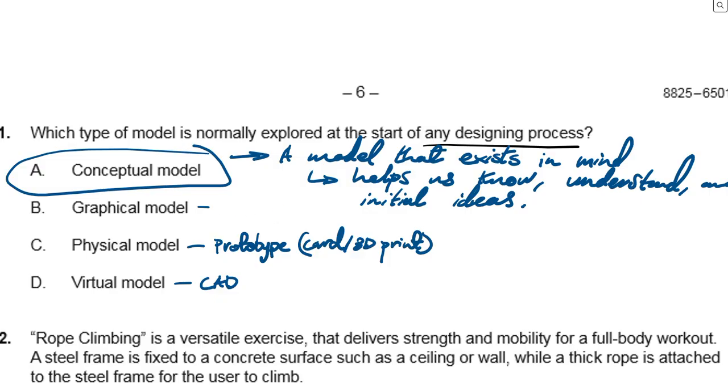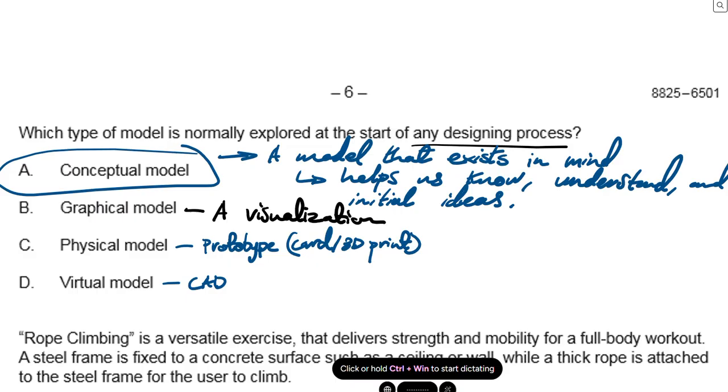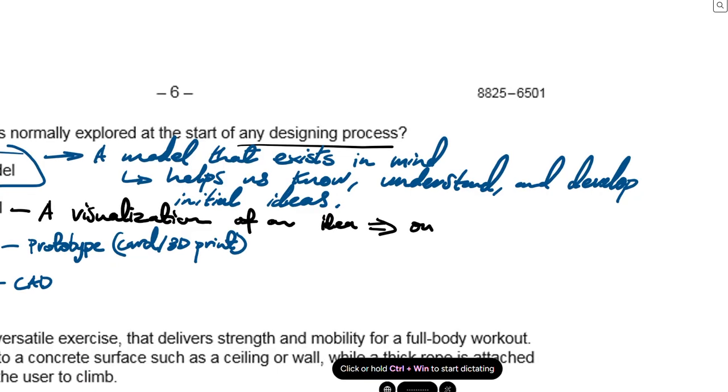And so I'll just give each of these a definition. If you guys already know this, definitely skip on to the next few questions. I'm just going through every single thing to give you guys a pre-exam support. Graphical is a visualization of an idea, and that is usually on paper or virtually on software.